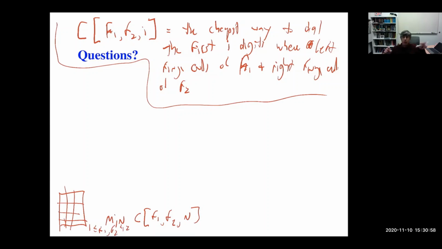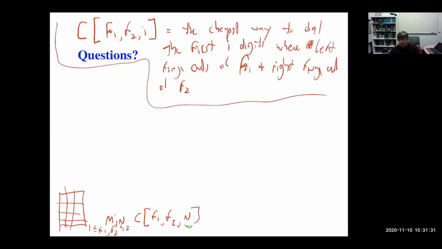We agree that there's 12 places I can put my first finger and 12 places I could put my second finger. I want to know ultimately the cheapest way to dial the whole number. And I don't care where my fingers are. If my fingers end up like this, but that was the fastest way to dial the number, I'm perfectly happy. Everybody kind of see that?